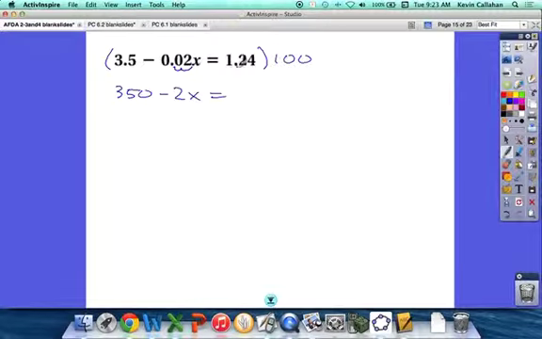It moves it over twice. 124. So, in a way, you can think of that like clearing fractions, because decimals are fractions. Okay, what are the 2 steps I would take to solve that? Subtract 350 and divide by negative 2, right? 2 steps. But remember this step here, right?